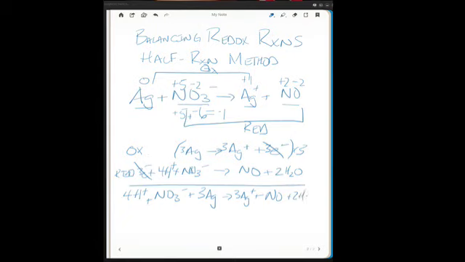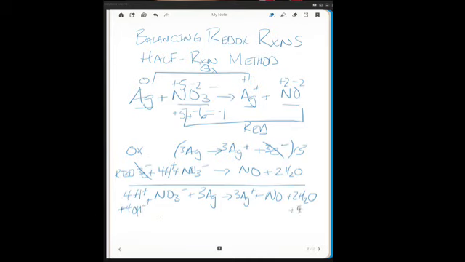And we did this in acid media, the acid way of doing it. You notice we had H pluses. Now, if we were asked to do that in a basic media, all we would have to do is add enough OH minuses on each side to cancel out the H pluses. So since there are 4 on the left, we're going to add 4 OH minuses to each side.